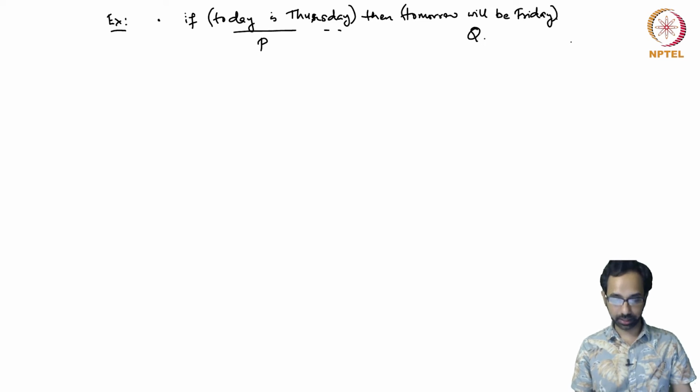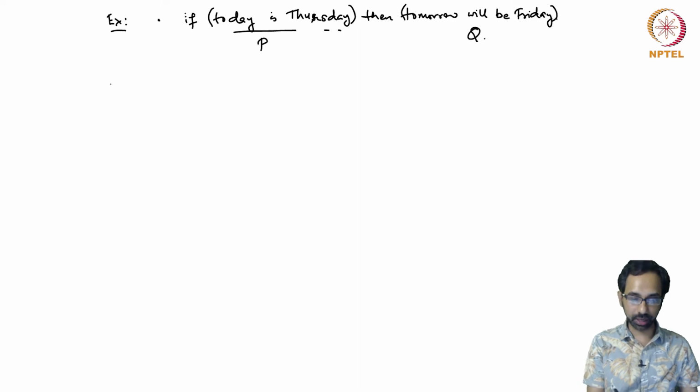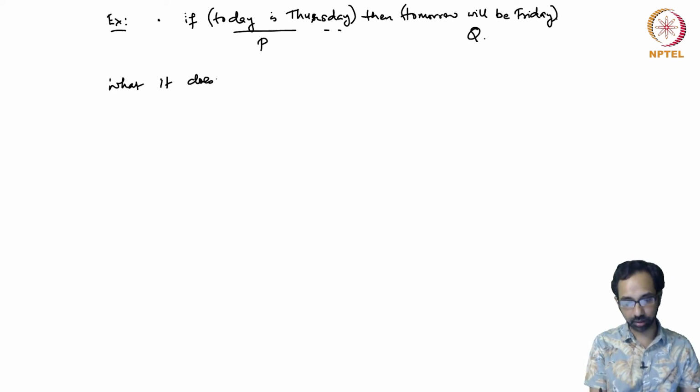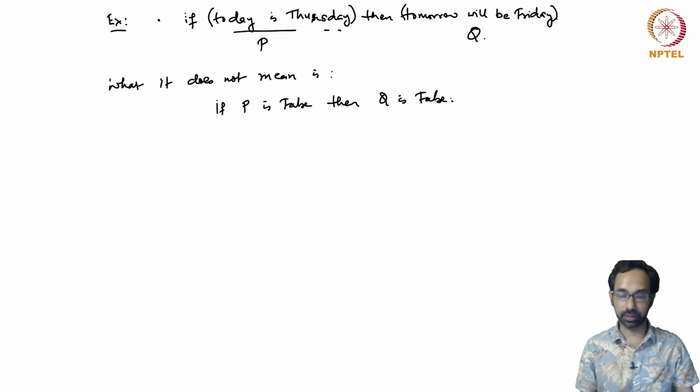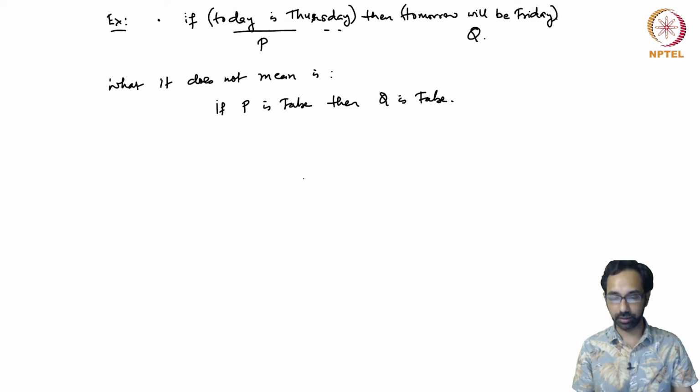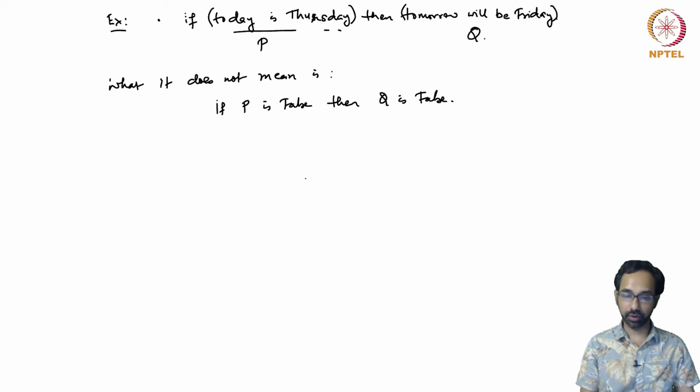Now, what it does not mean is that if P is false, then Q is false. We do not allow this kind of interpretation for the if-then statement.